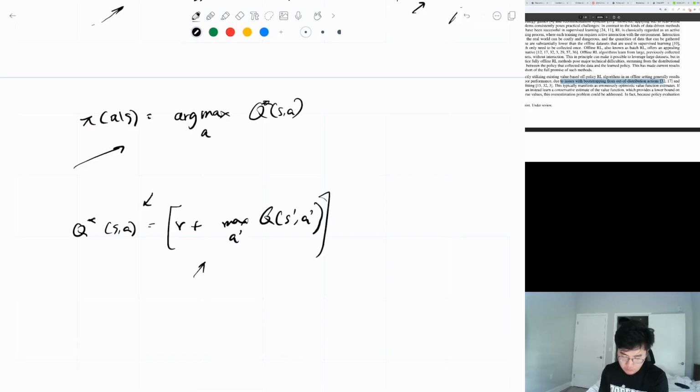We use this to update our Q to figure out what we can do better. But the issue when we deal with offline RL is that this a prime might be some action that we have not explored yet, or that's not in the dataset. So it's an out of distribution action.